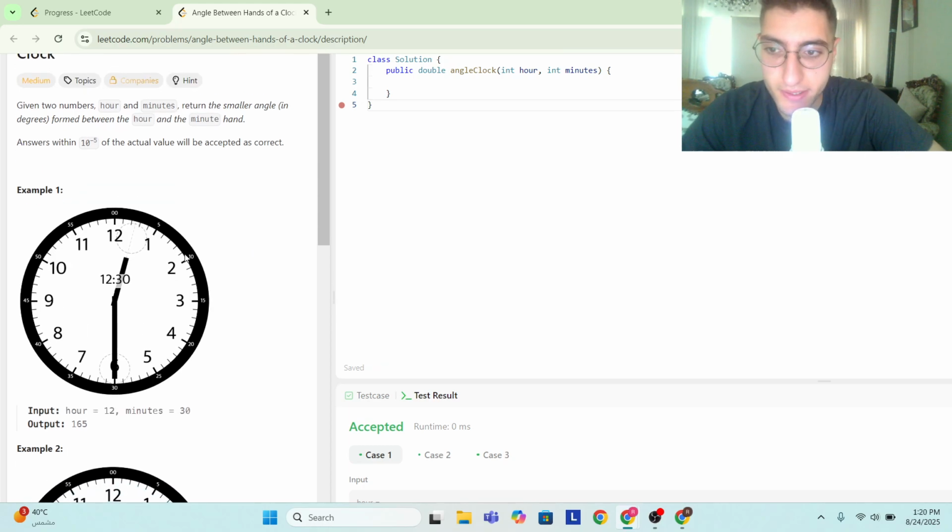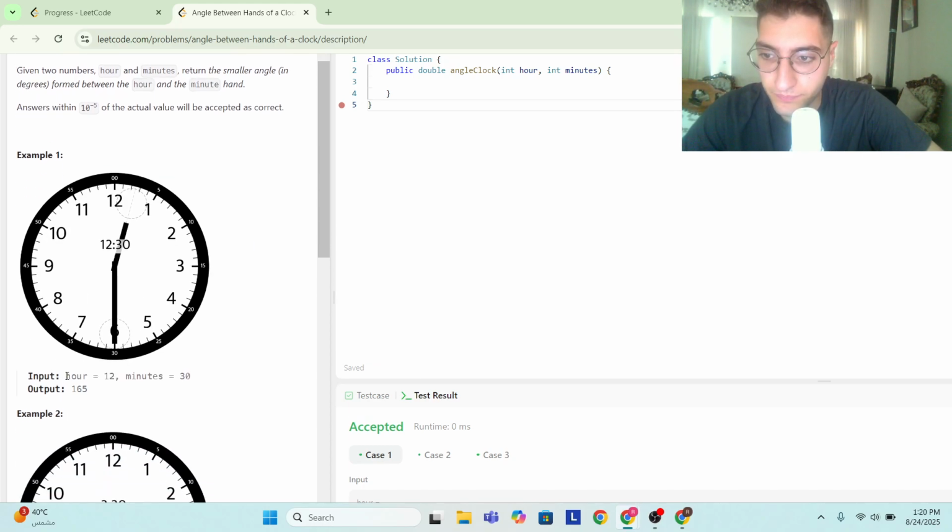Okay, so with that established, I mentioned that we're going to take the minutes and multiply it by 6 to get the relative angle from 12. We need to do the same thing for hours. We're going to take the hour which they gave us and multiply it by 30.